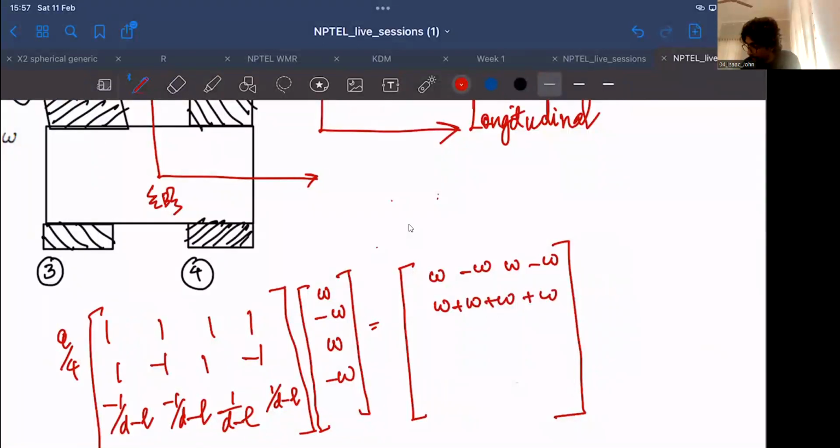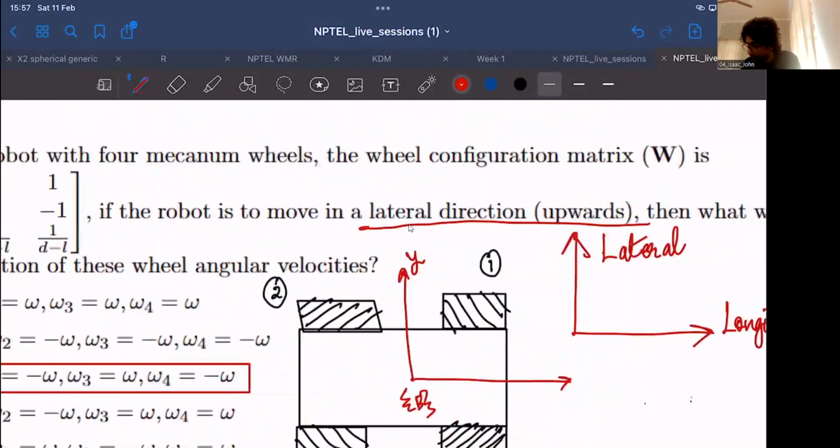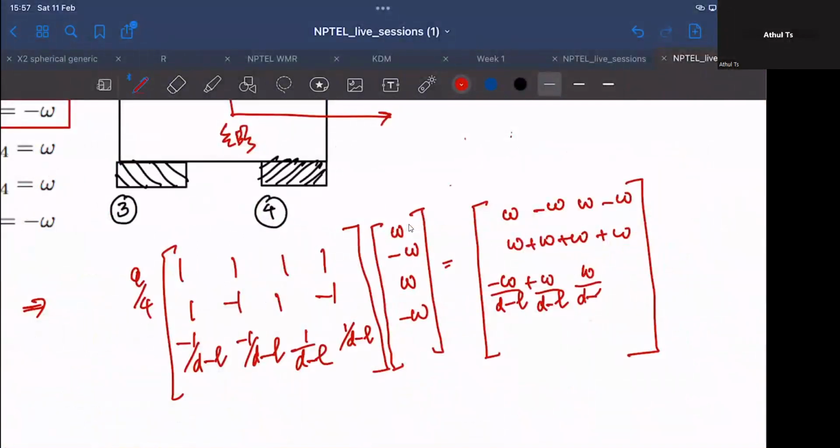The third row would be minus omega by d minus L plus omega by d minus L, then omega by d minus L minus omega by d minus L. So the first row basically cancels out.